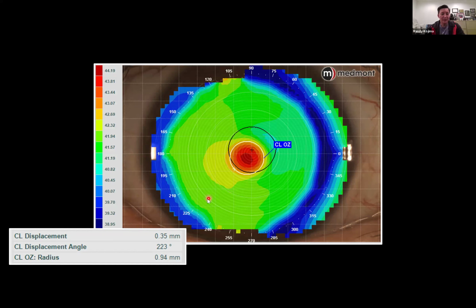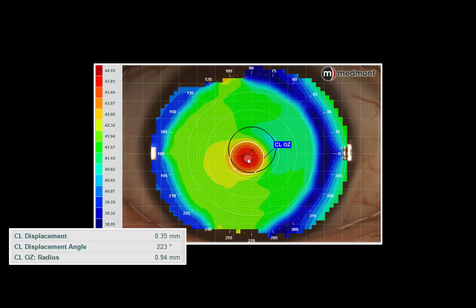Now, here you can see Medmont has said that this circle, the center of this circle, is displaced 0.35 millimeters toward axis 223 degrees. So it's the center of the circle in relationship to the visual axis is 0.35 millimeters toward axis 223. ¿Qué nos está diciendo Medmont con este atributo?